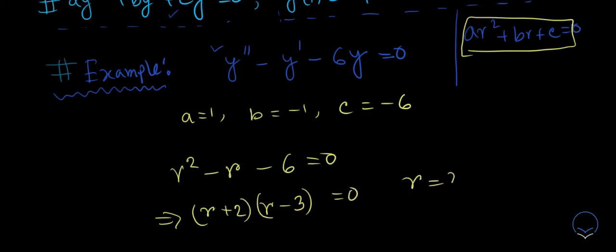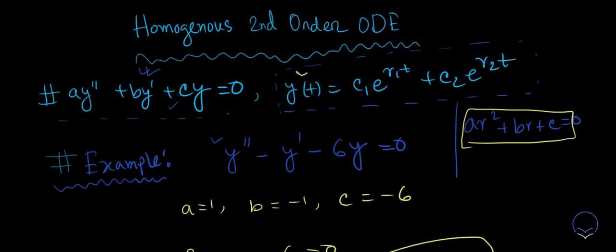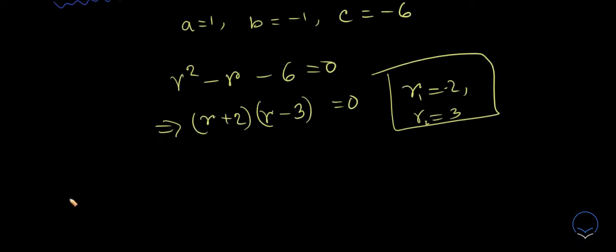So R equals to -2 or R equals to 3. Let's call R1 as -2 and R2 as 3. These are my two roots.